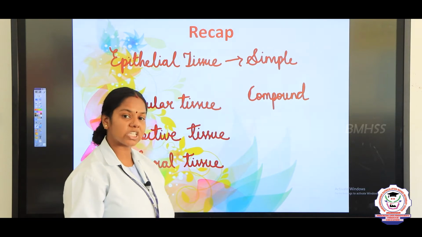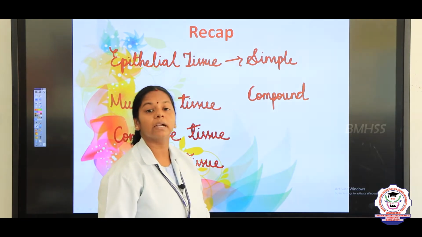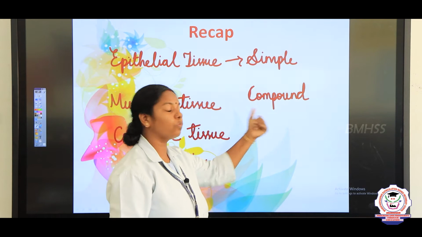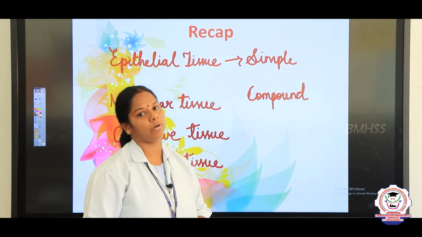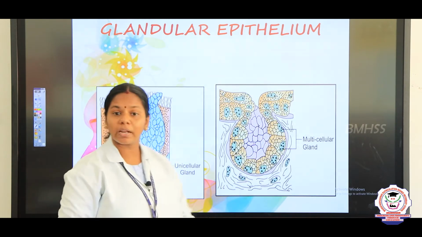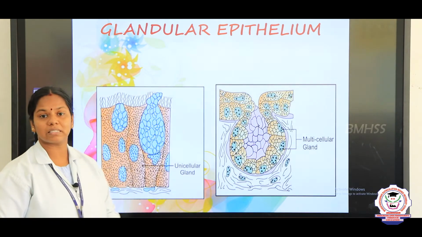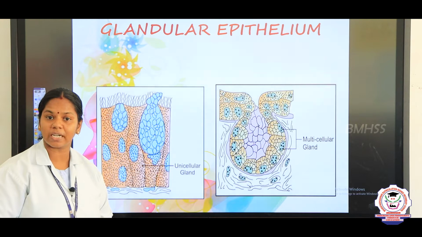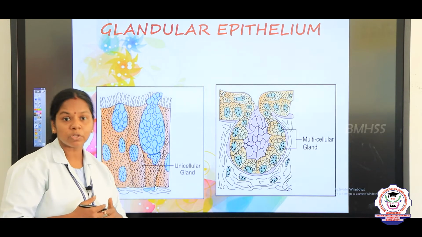Now in this session we are going to study about the glandular epithelium and what we mean by compound epithelium. So what do you mean by glandular epithelium? When you call an organ a gland, children, it secretes some fluids.